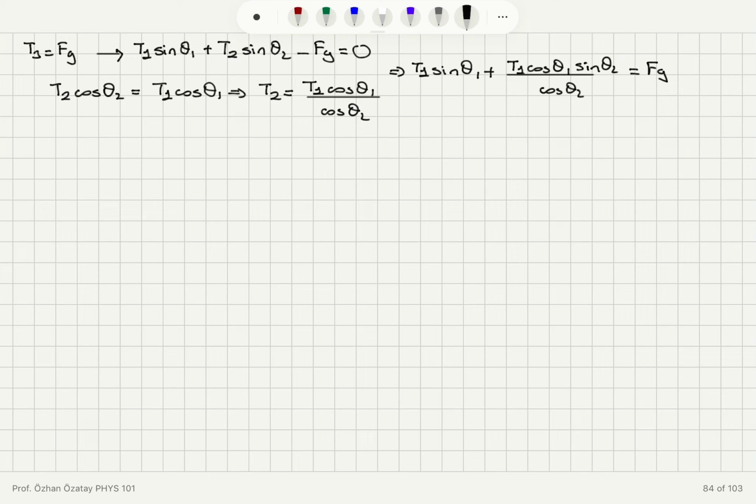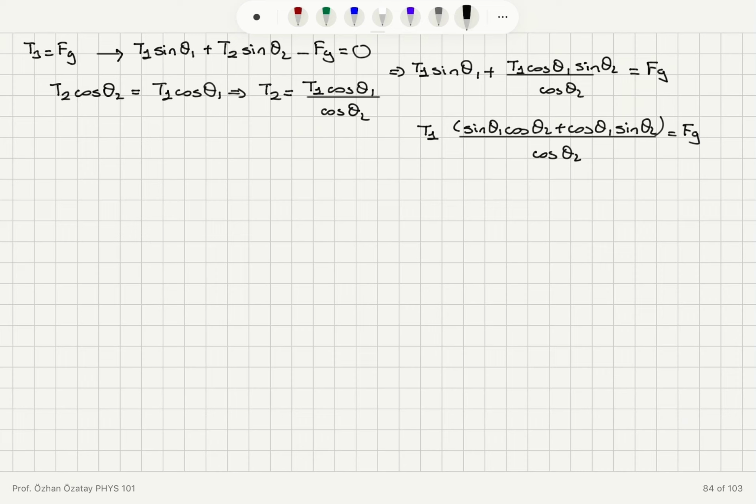If I take T1 into parentheses and also make a common denominator, this will be T1 times (sine theta 1 cosine theta 2 plus cosine theta 1 sine theta 2) divided by cosine theta 2, that is equal to Fg.